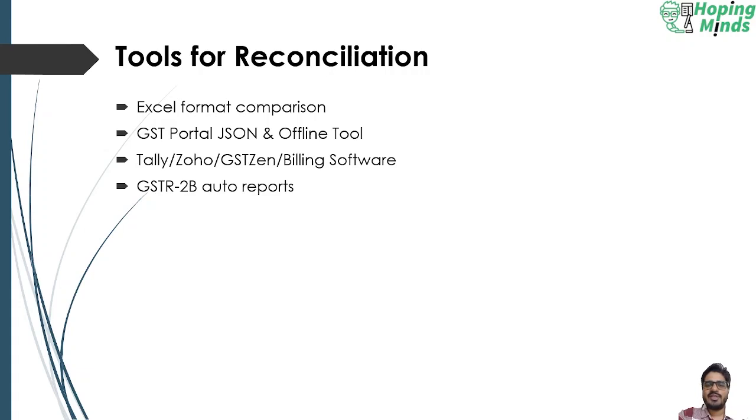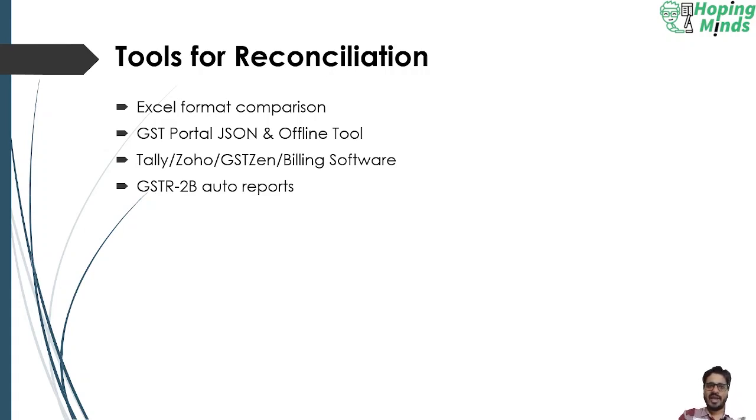So what are the tools for reconciliation? Excel format comparison. So different Excel formats are available over internet. Also, self-explanatory Excel formats can be developed to prepare the reconciliation statements. Then JSON file can be downloaded from the GST portal and imported to offline utility, and it can further be used to reconcile the data with the books of accounts.